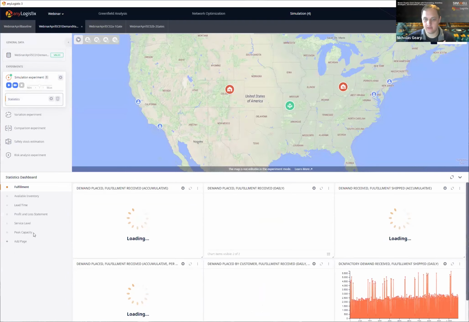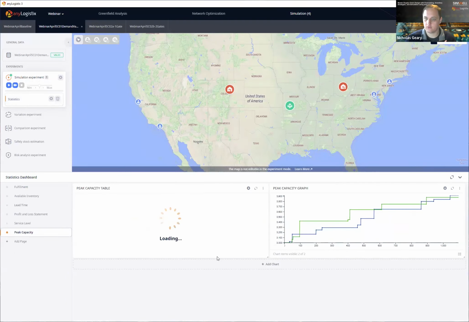Going back to our example with adding volatility, what I want to show is our peak capacity per place. Previously that was 3,400.